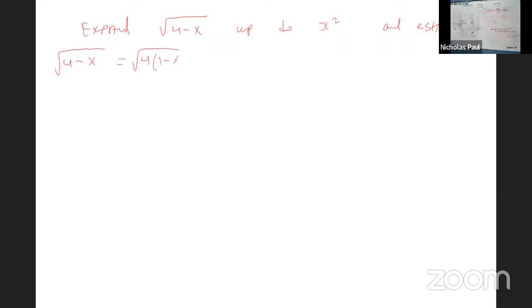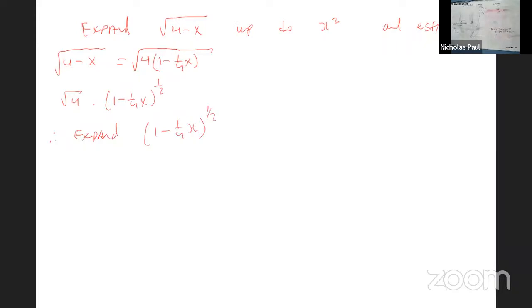I'm doing it like this so that, if you want, you could use the expansion for 1 minus x that we had earlier. So you'll get the square root of 4 by (1 - a quarter x) to the power of a half. So therefore, all you have to do really is expand (1 - a quarter x) to the power of a half.